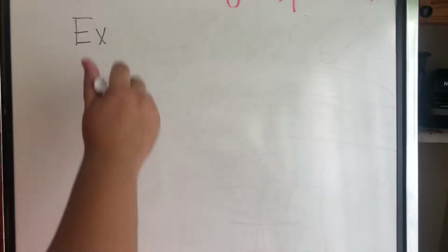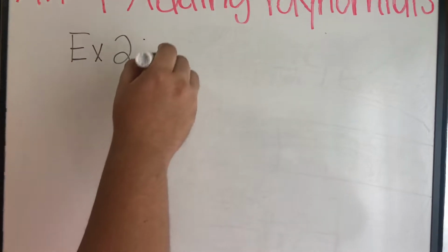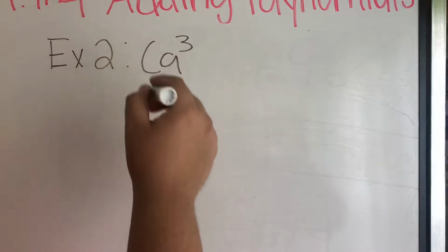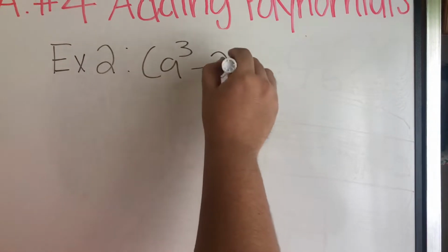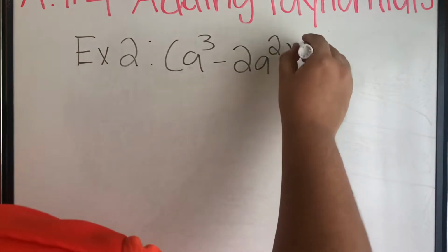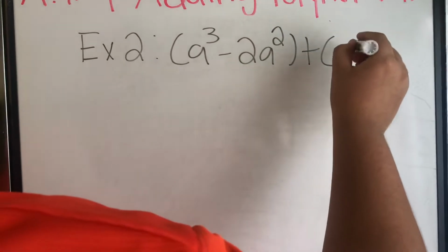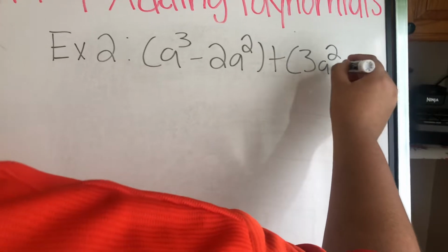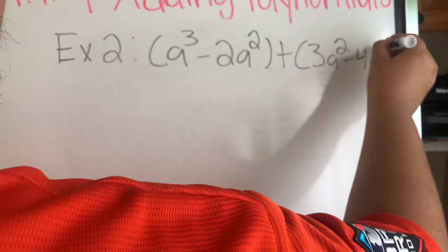So, example problem number 2. Say we have a cubed, or a to the power of 3, minus 2a squared plus 3a squared minus 4a cubed.